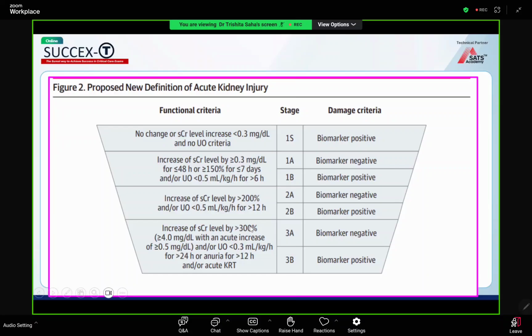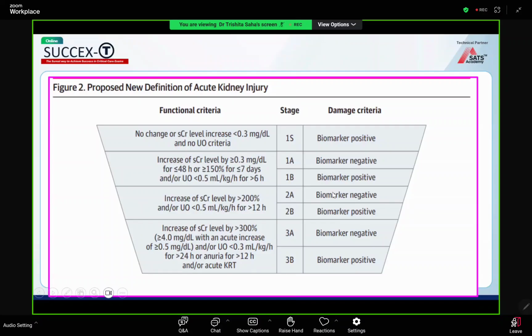The stage 1, 2, 3 remains, but generally they divided: if there is no change in serum creatinine or less than 0.3, but the biomarker is positive, it is subclinical, stage 1S. And if an increase in serum creatinine is there, and it is falling in stage 1, then if the biomarker is negative, they divide it into 1A, and 1B is if the biomarker is positive. Similarly, an increase in serum creatinine by 200% or urine output less than 0.5 ml per kg per hour for more than 12 hours.